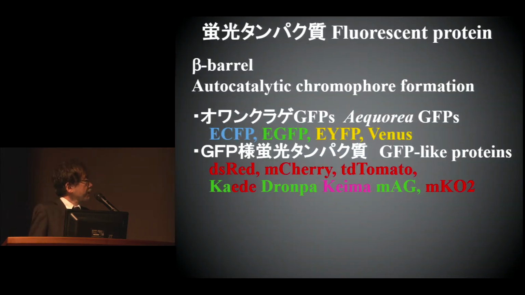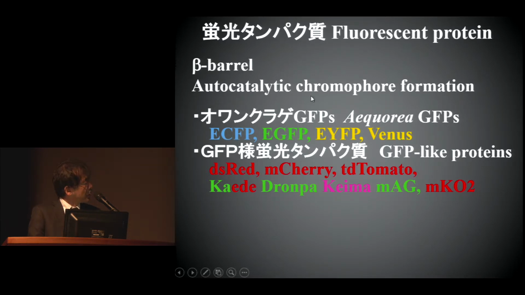All right, I told you about a variety of fluorescent proteins today, and they can be classified into two groups: Aequorea GFPs coming from Aequorea victoria, and the GFP-like proteins from other animals, mostly corals. Okay.